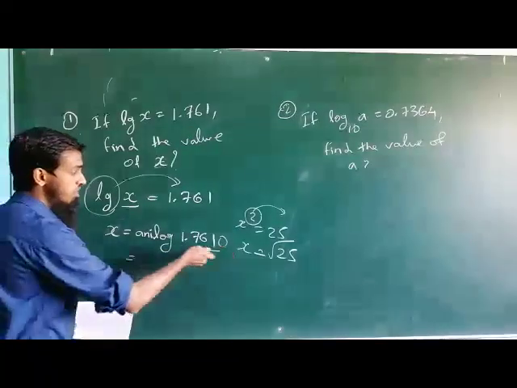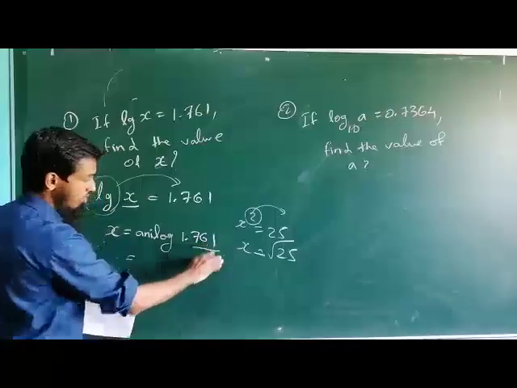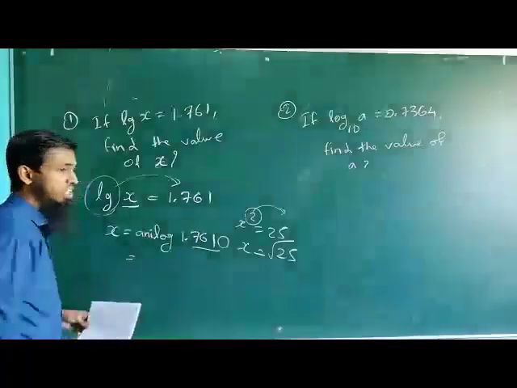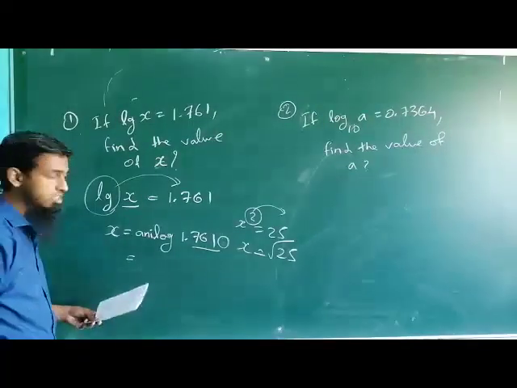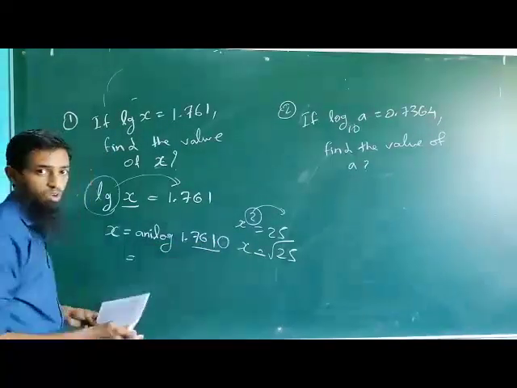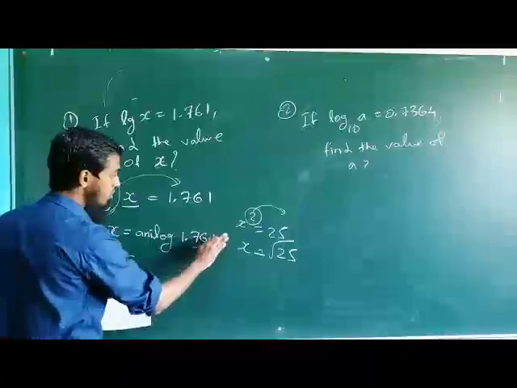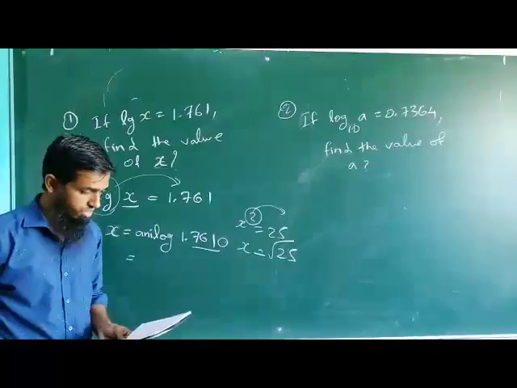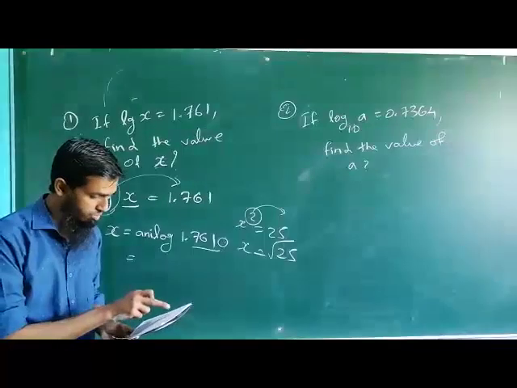So we have a 4-digit number here. The given number is 761. If you put a 0, the value is not changed. It's still 1.761. So we need to find 7610.